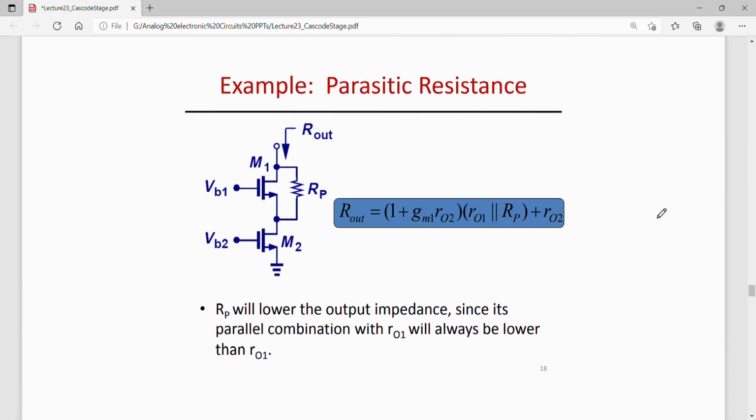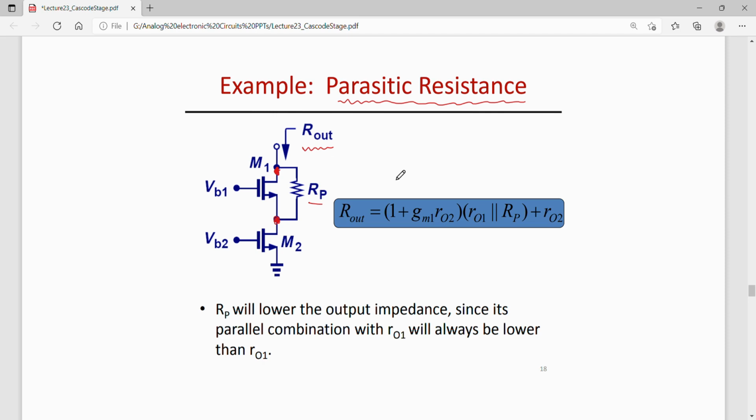Now we also understand that in a MOSFET, parasitic resistance between drain to source can be present. So that is, in between drain and source of M1, let us say there is a parasitic resistance RP. Now the effect of this parasitic resistance on R out should also be estimated then.